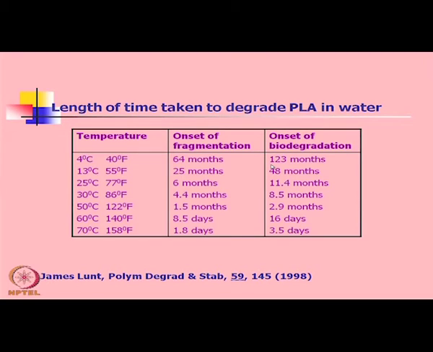As I mentioned, in high altitude areas where the temperature is very low, sometimes sub-zero, even the night soil does not degrade. Forget about the degradation of polymer materials. But if the temperature is increased, the degradation is much faster, from 123 months to 3.5 to 4 days time.